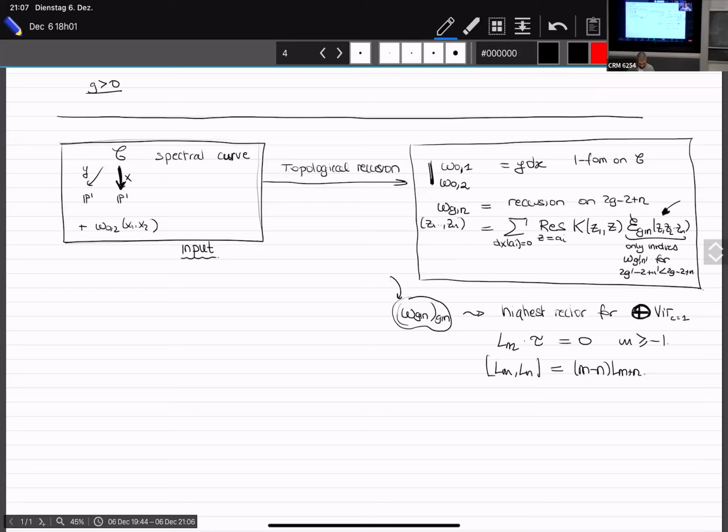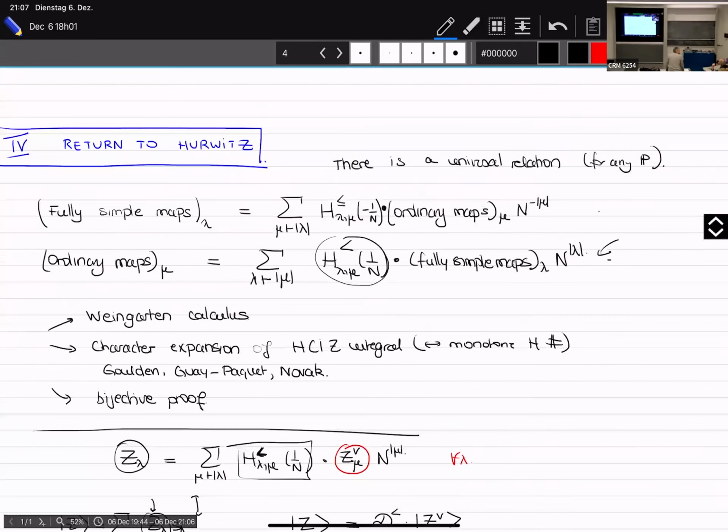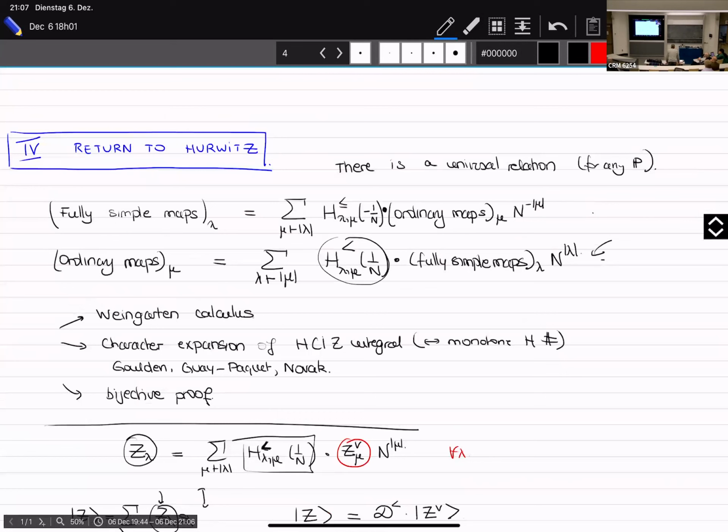Thank you. Did I understand correctly that you said that if you know the weakly monotone double Hurwitz numbers, then you can somehow also calculate from that the other ones? I say something a bit different. You consider this double Hurwitz number as an infinite matrix whose rows and columns are indexed by partitions.